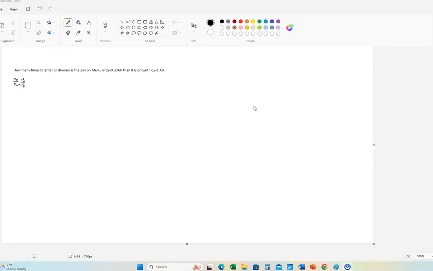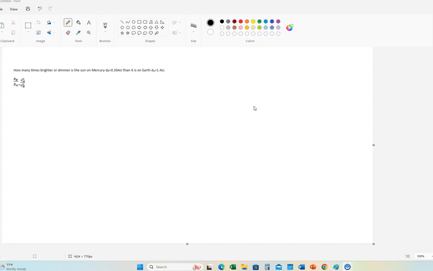We have: how many times brighter or dimmer is the sun on Mercury, where d sub b is the distance from Mercury to the sun, the average distance being 0.39 astronomical units, than it is on Earth, where d sub a is the distance that the sun is from Earth, which is called 1 astronomical unit.